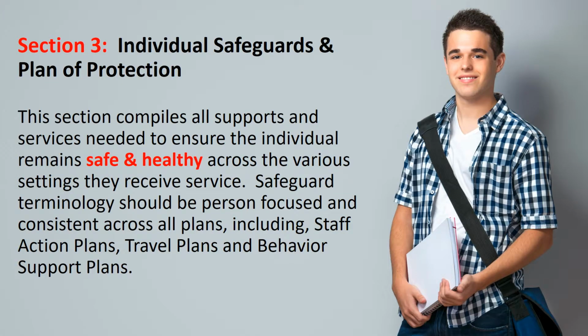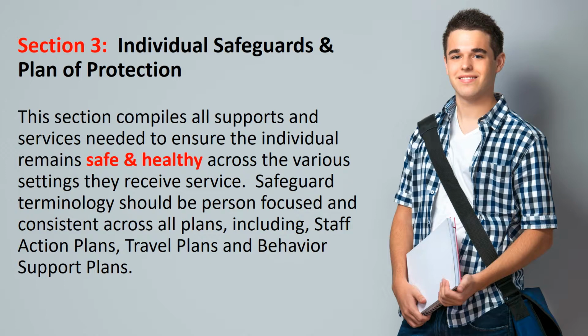Section 3. Individual safeguards and plan of protection. This section compiles all supports and services needed to ensure the individual remains safe and healthy across the various settings they receive service.